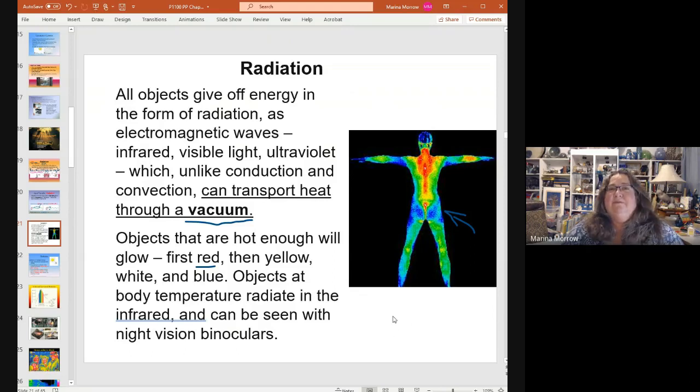People aren't too hot, so we don't glow in visible light. We glow with infrared light, and most objects on the earth glow in infrared. Only a tiny percentage of things are hot enough to produce visible light. Right now as you sit there, you are radiating infrared light, and we will use an infrared camera to look at things with infrared light.